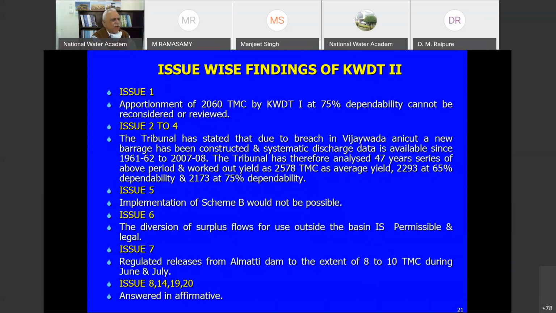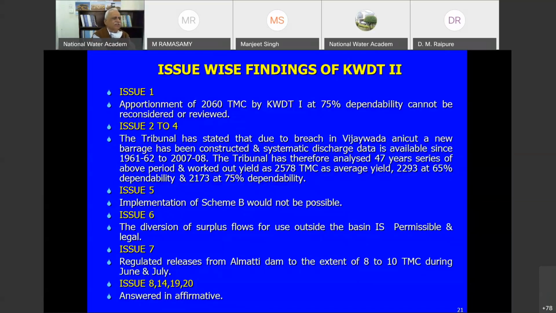Even at the time of KWDT 1, they had observed that there is a breach in Vijayawada Anicut, which was rectified and new Prakasham barrage was constructed in 1961-62.